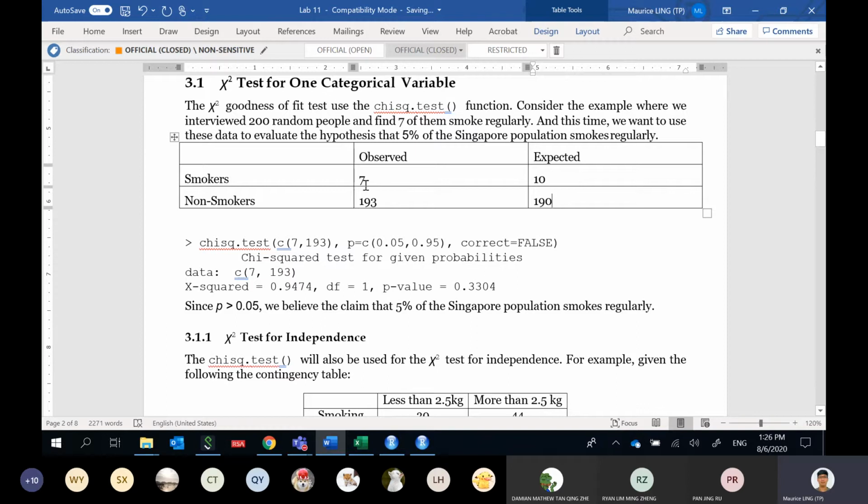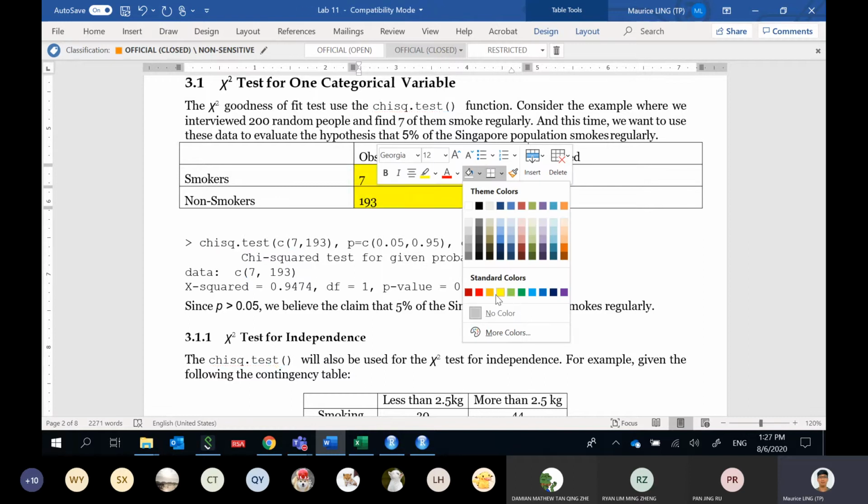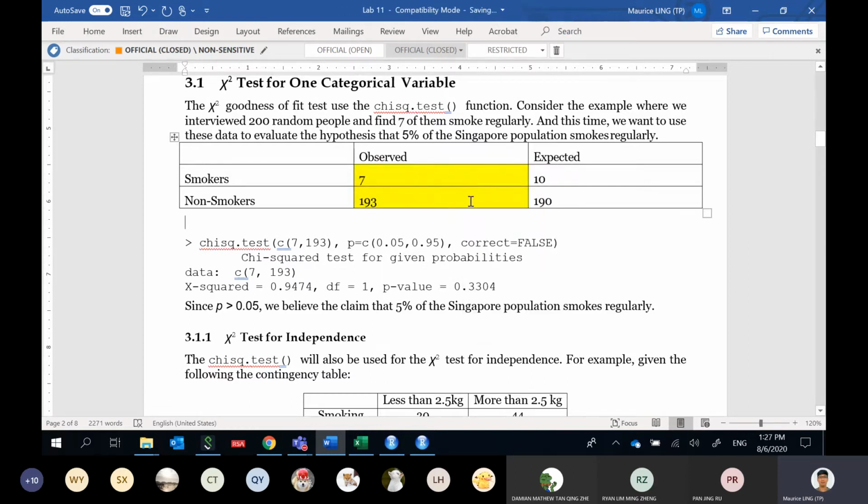Now, you only need to provide these two yellow cells. The expected you can provide as frequency, but we tend to put in terms of percentage.